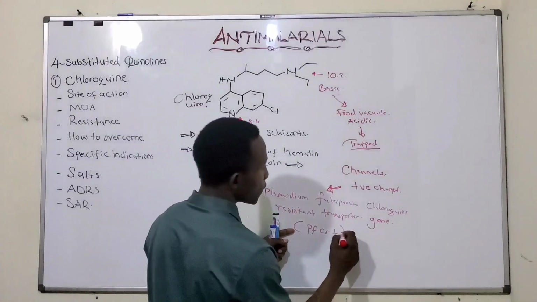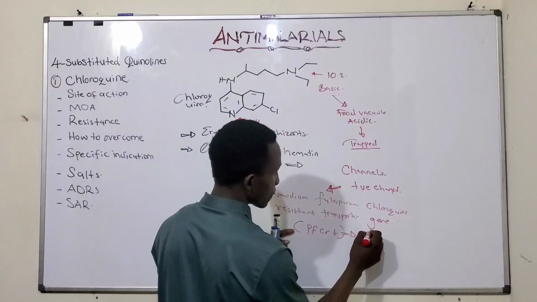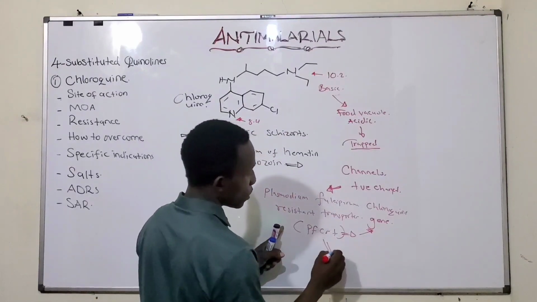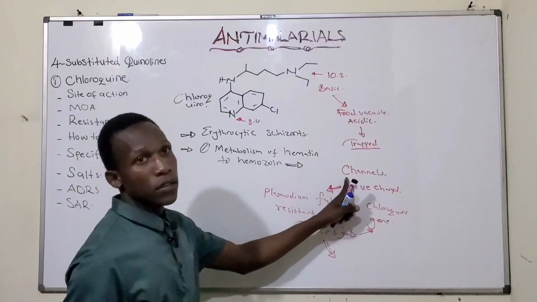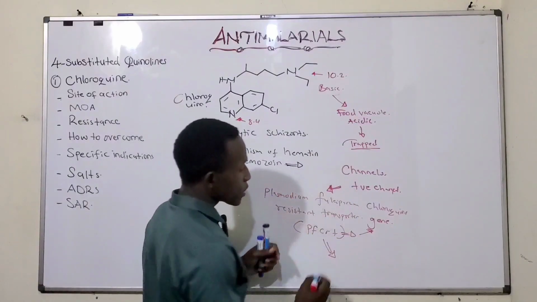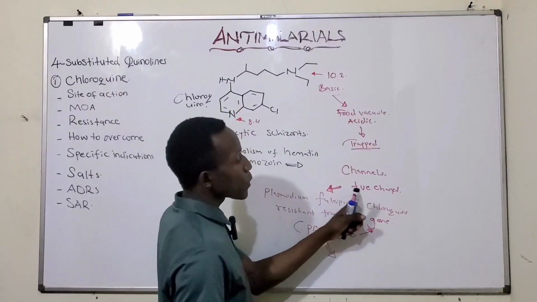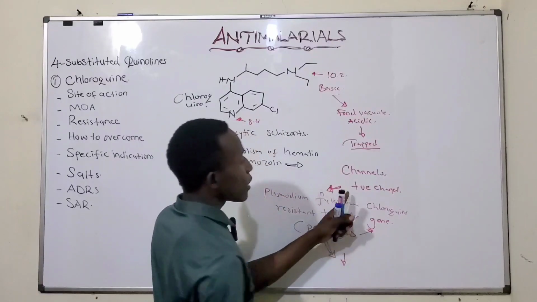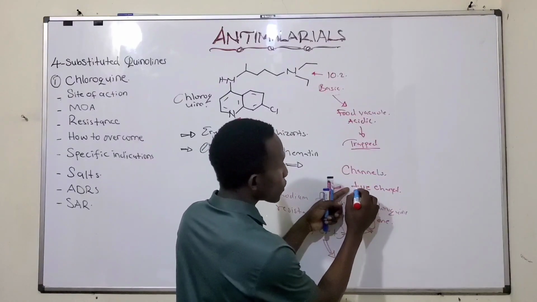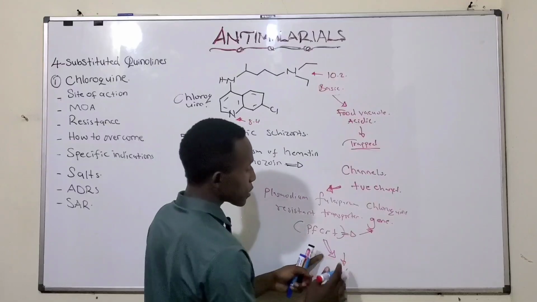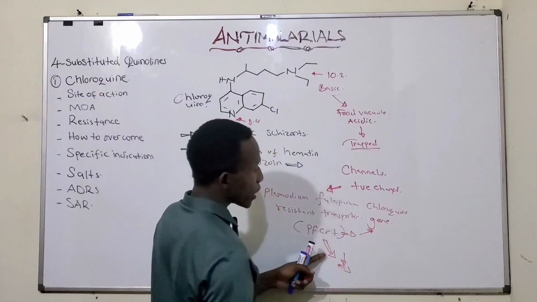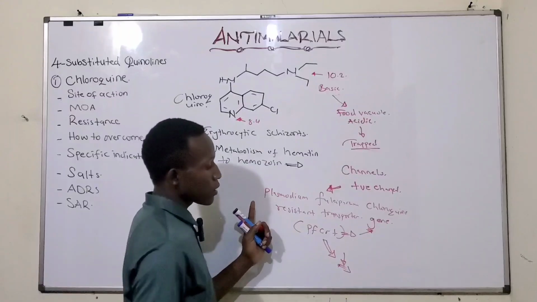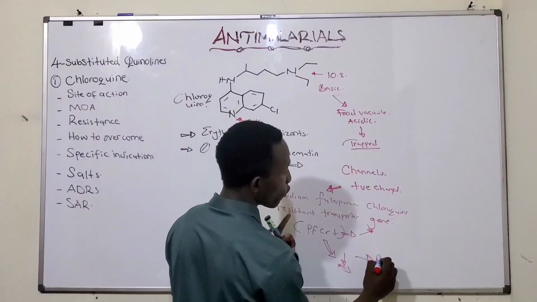If there is a mutation in this gene, it leads to a change in the channel proteins. The positive charges of the channels will reduce, meaning the channel can allow this drug to be pumped out.